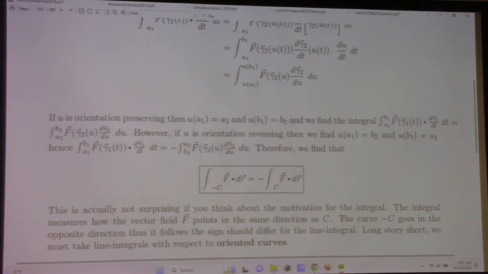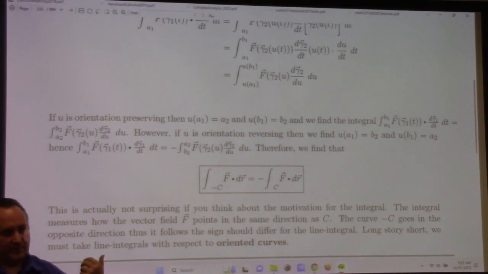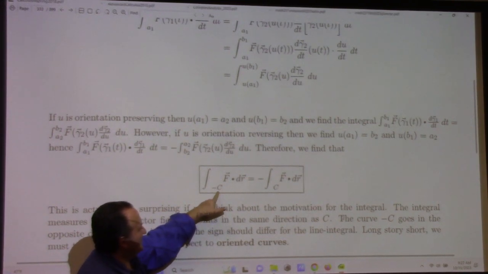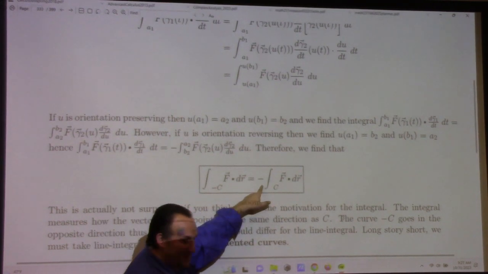And this is a good notation because if you think about it, if you did the curve and then minus the curve, you took the union of both of those, well, you went nowhere, all right? And so the union of C and minus C is in some sense 0. And so this notation is just really nice, right? Because you see how that works? The integral over the reversal of the curve, which is minus the curve, is minus the integral over the curve.